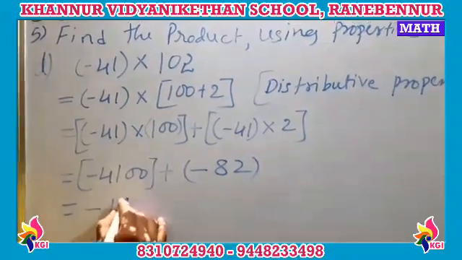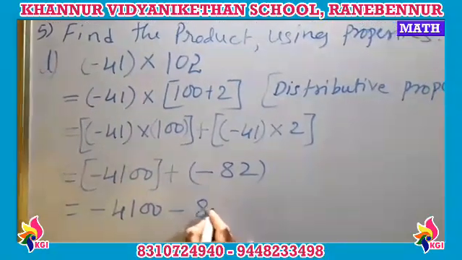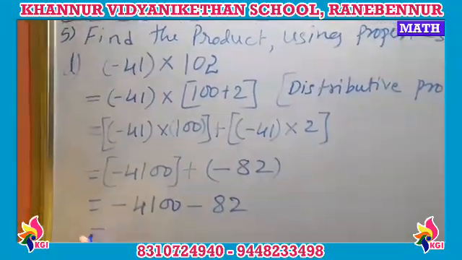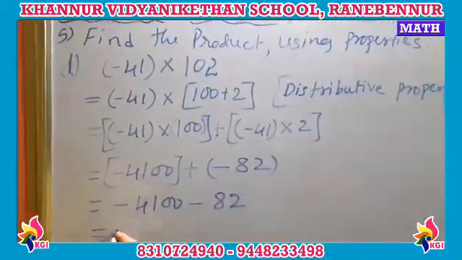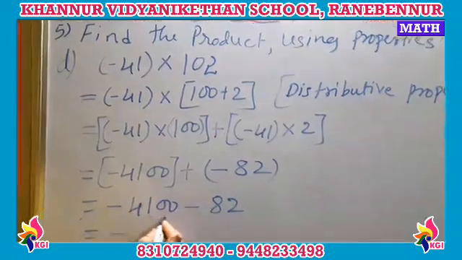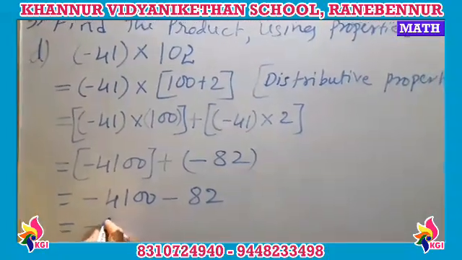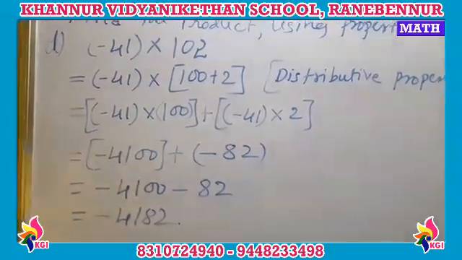So let me write one more step: minus 4100 plus into minus will be minus 82. Two negative integers need to be added, so the next minus remains the same. Then 4100 plus 82 is 4182, with the minus sign, minus 4182.